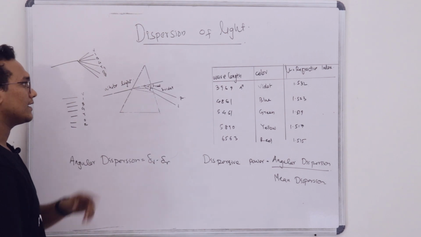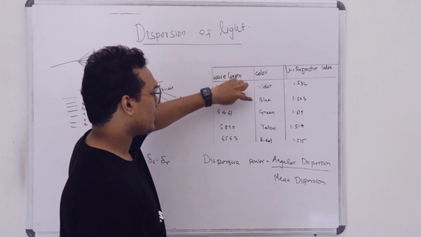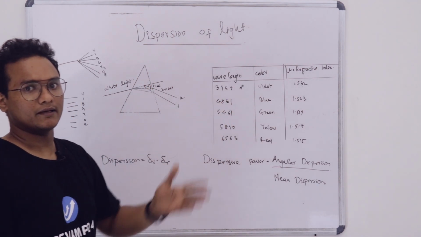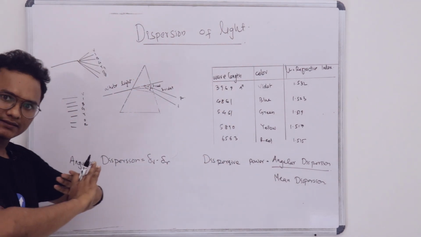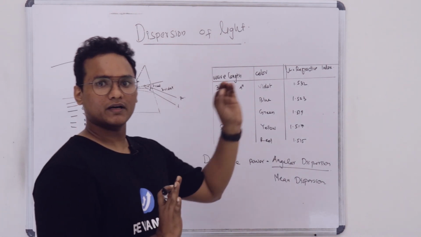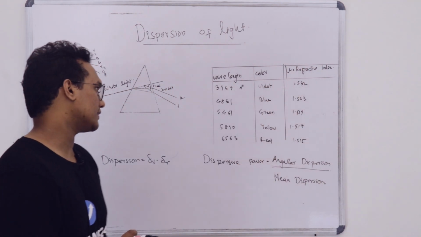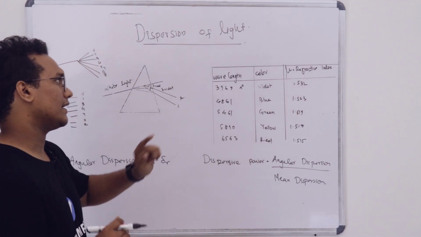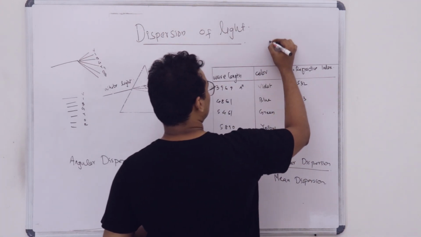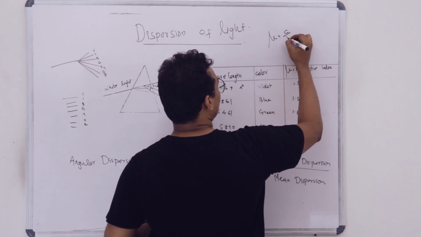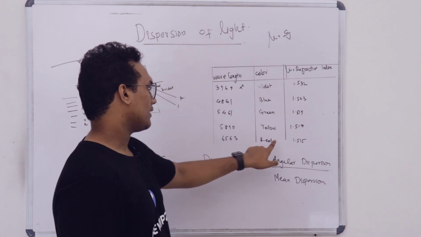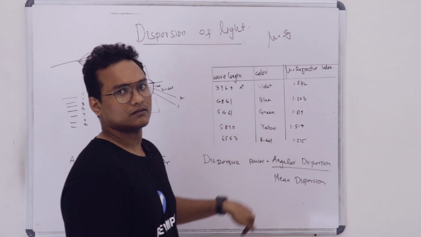The reason is the difference in their velocities of violet, blue, green, yellow, orange, red in a medium. In free space everyone has the same velocity, but in a medium they have different velocities. Different velocities give rise to different refractive indices, because refractive index is c divided by velocity. So the velocity of violet in glass is different as compared to the velocity of red in glass.